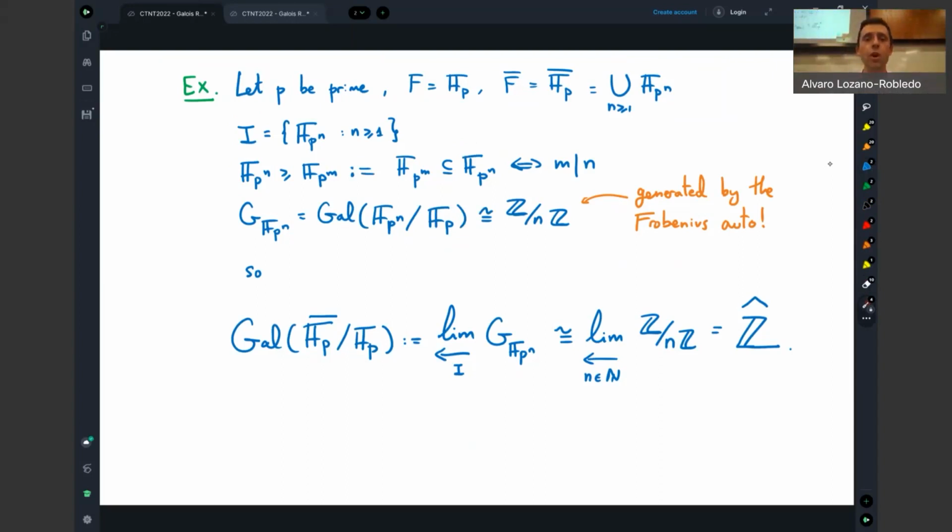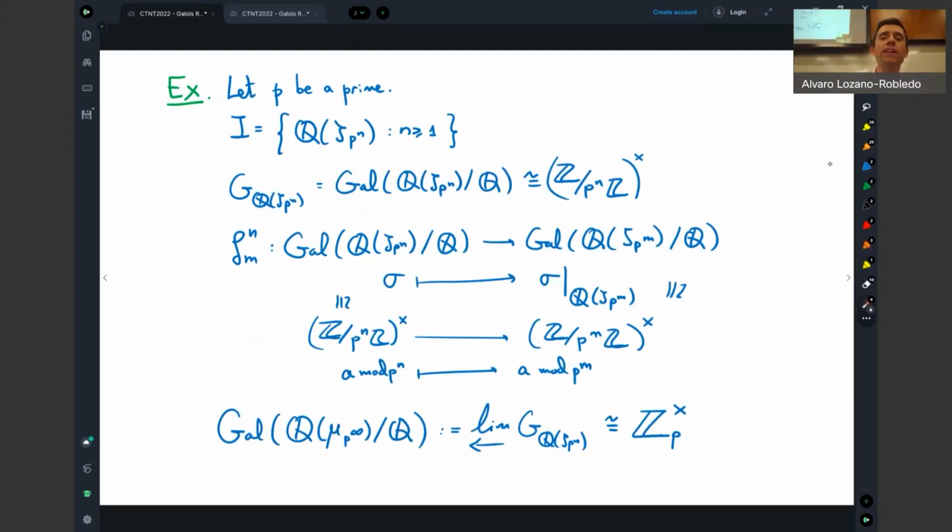All right. So I use my indexing set by a known tower of fields whose compositum gives me the infinite extension I want to compute the Galois group of. I know that the intermediary extensions have this Galois group, and the connecting homomorphisms are going to be the following. If I go from this one down to a lower one, what I can do is restriction.